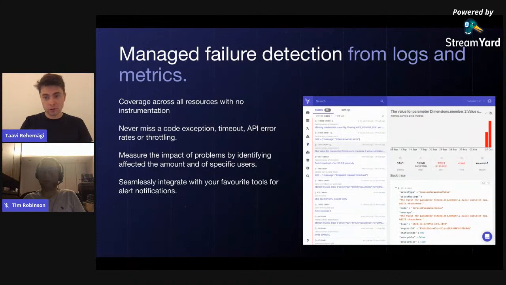As soon as you connect Dashbird, we would tell you all of the code exceptions, all of the timeouts, all of the configuration issues across all of those functions, and would act as an incident management platform. So you can look at the individual invocations, see the underlying event that caused this, and see all of the occurrences of that failure. Same goes with metrics as well.